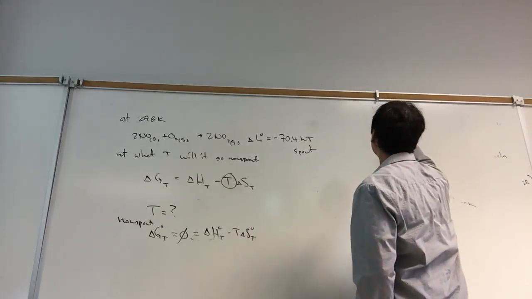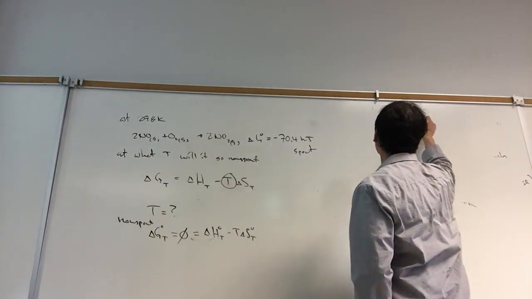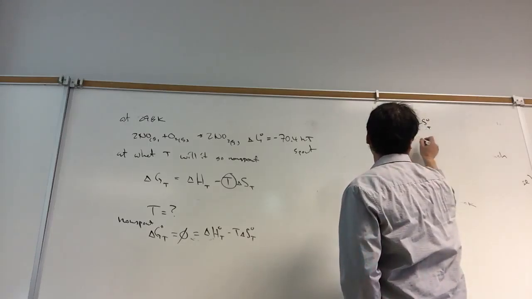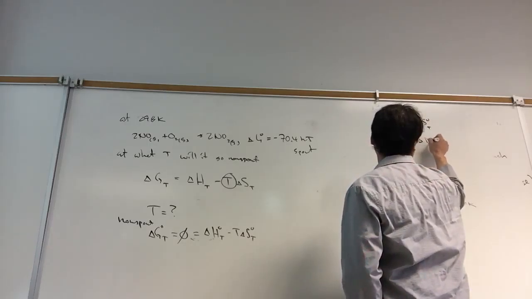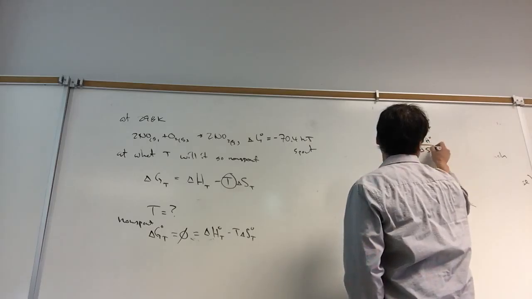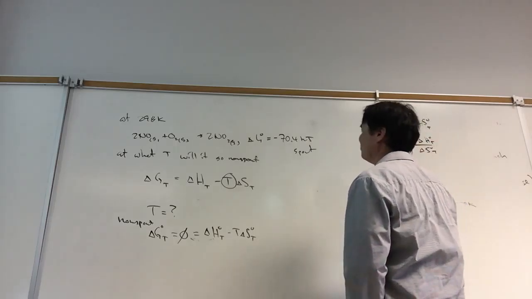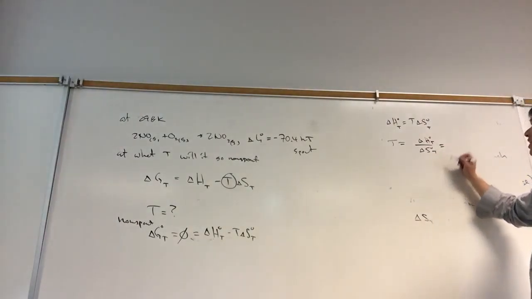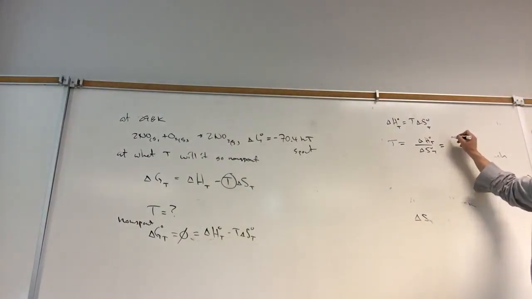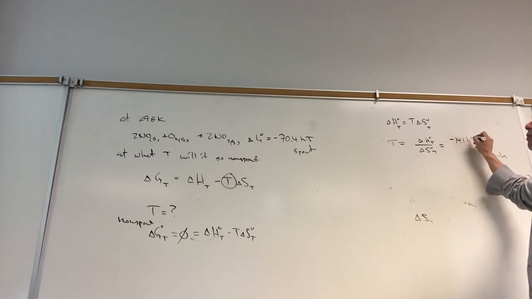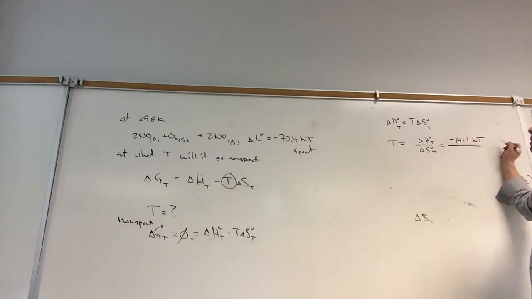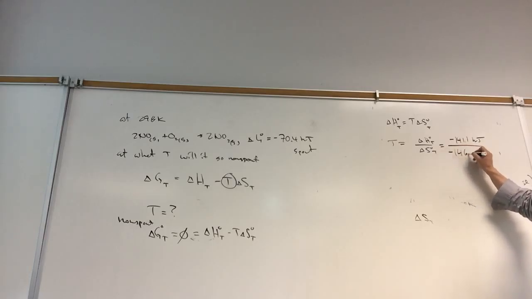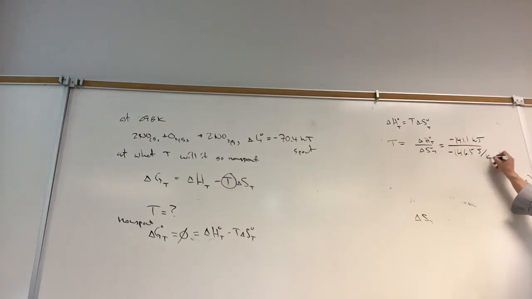And so what I get is my delta H naught is equal to T delta S naught at some temperature T. Solve that for T, I get T is equal to delta H naught over delta S naught at that temperature. And so figuring out that temperature, I just take my delta H, which is minus 141.1 kilojoules, divided by my delta S, which is minus 146.5 joules per Kelvin.